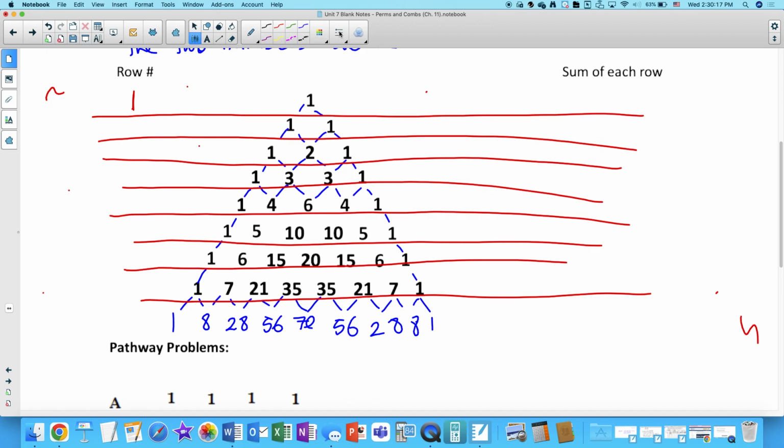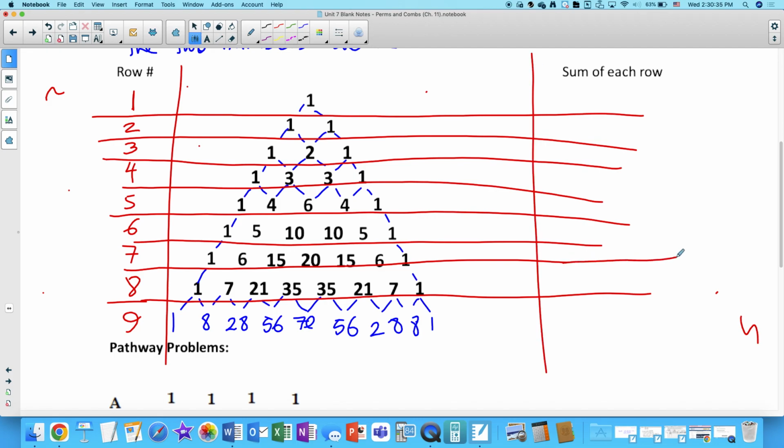I don't know. Okay, so row 1, 2, 3, 4, 5, 6, 7, 8. This would be the 9th row. Okay? And the other thing that I want to look at is the sum of the numbers in each row. So in the first row, there's only one number. That would be 1. What about the second row? 2.